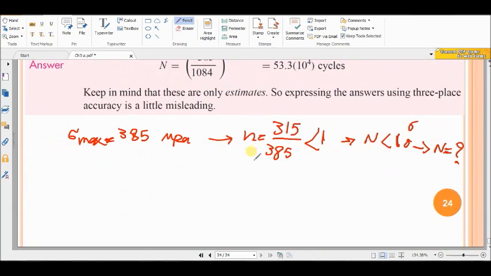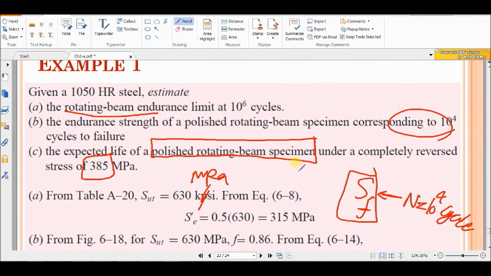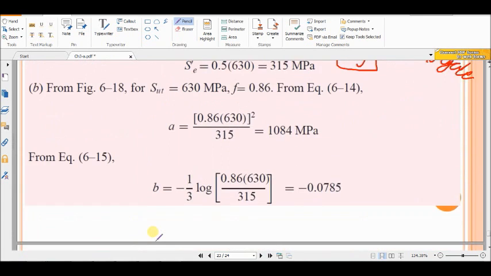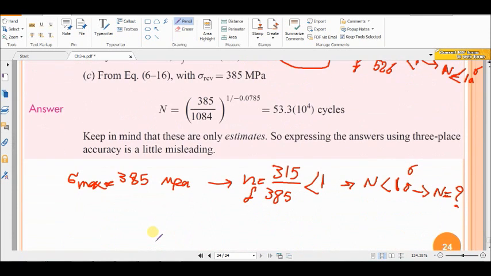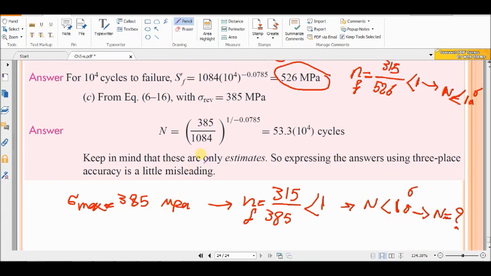Okay, so because the fatigue safety factor became less than 1, and we have complete reverse stress, because here it mentions complete reverse stress, I am able to use the equation to predict the number of cycles.